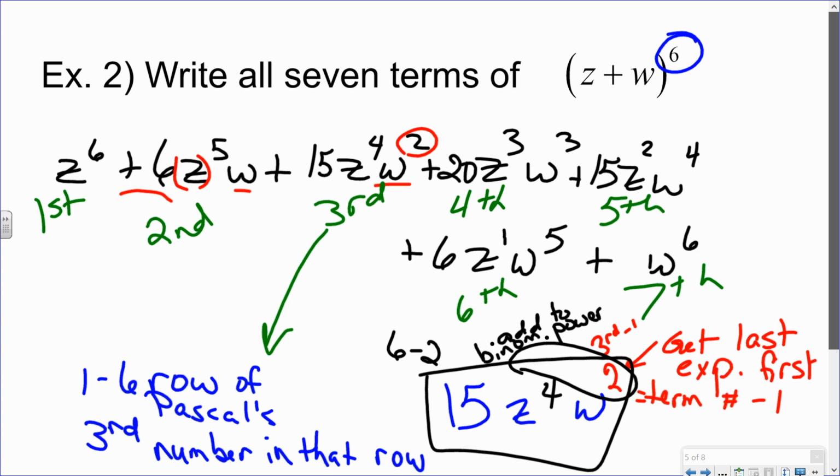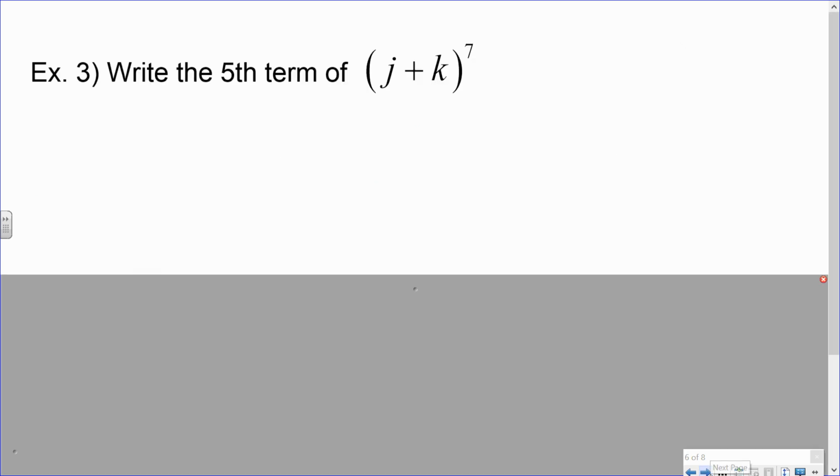So I want us to do a couple of these with the shortcut way of getting just the term they ask for, and see if we can make sense of this. I want the fifth term of j plus k to the 7th. Which row do I need to go to on Pascal for the numbers? I need to go to the 1, 7 row of Pascal.